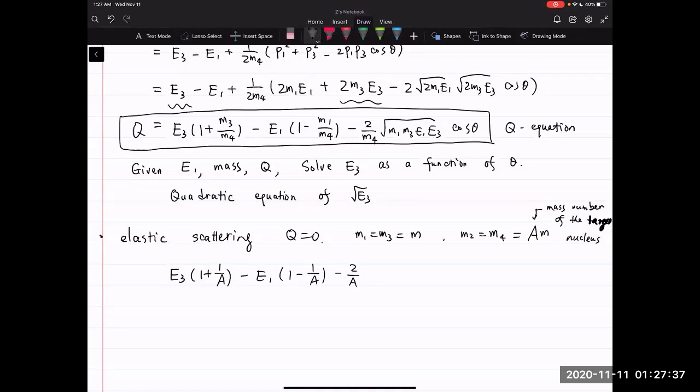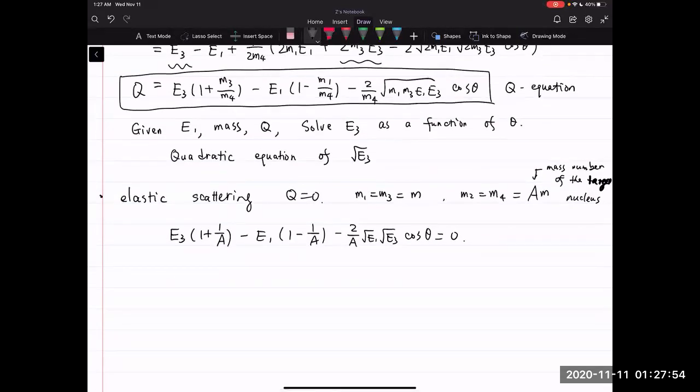Take m squared out of the square root, it becomes m. m over Am, that's A. And then square root of E1, square root of E3, cosine theta equal to 0.